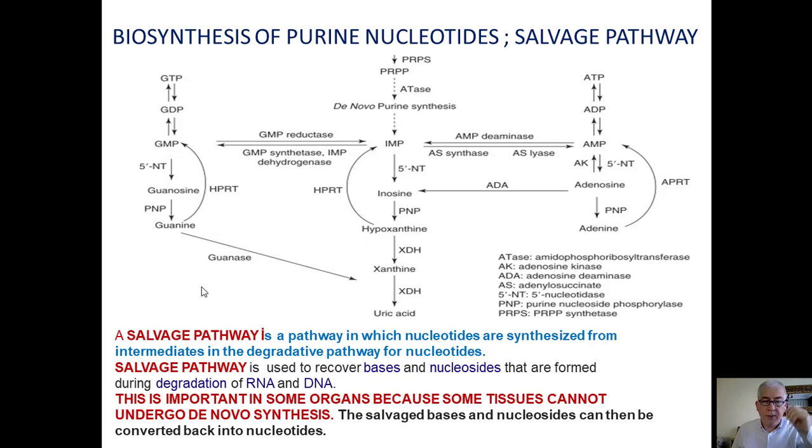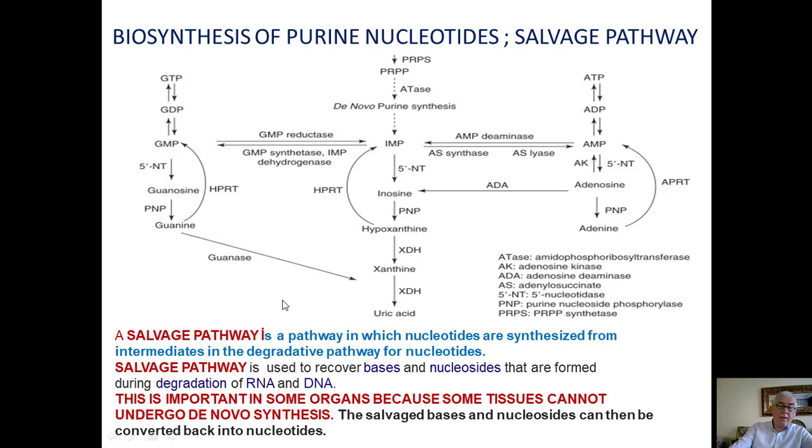This enzyme uses the bases hypoxanthine and guanine, and also another unique substrate, PRPP, phosphoribosyl pyrophosphate, because we need to add ribose and phosphate group to the base, and we obtain IMP and GMP. After that, the molecule goes to GDP and GTP, or ADP or ATP.